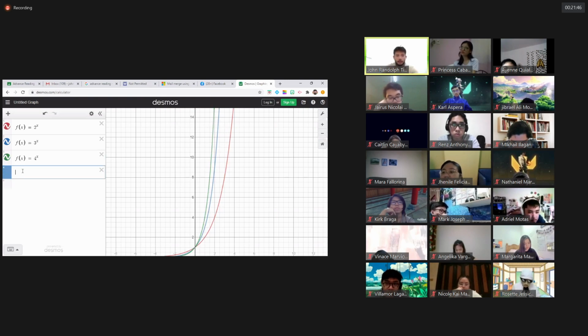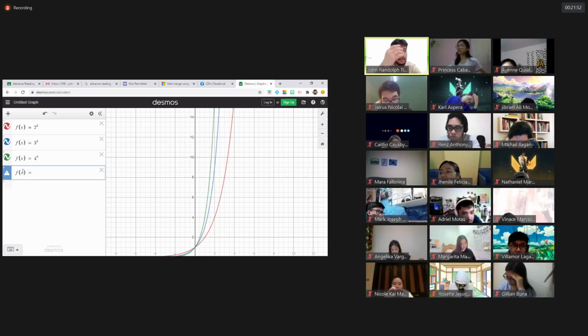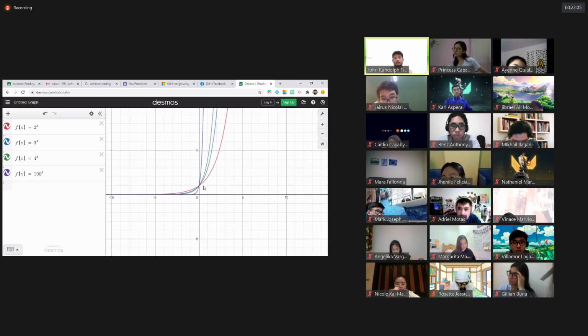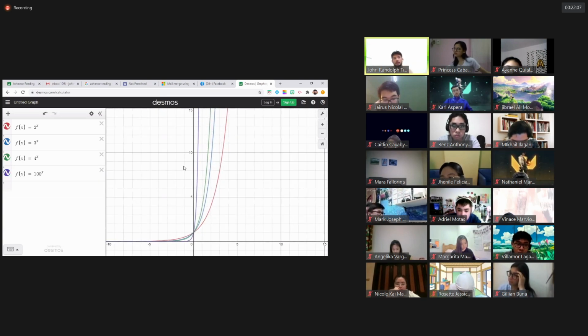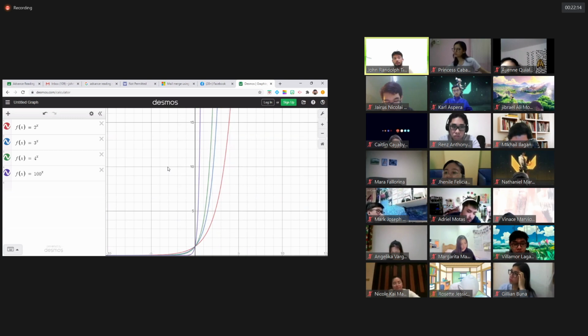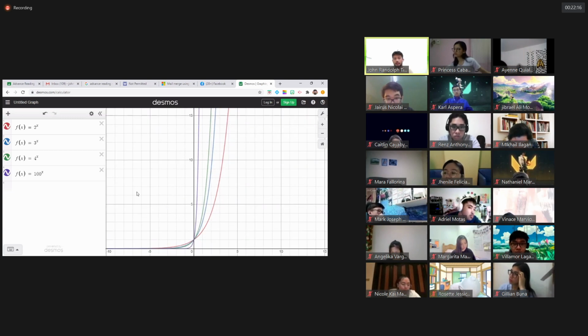Let's make the base large enough, let's say 100 to the power of x. Still, it passes through the point (0, 1), but the graph goes closer and closer to your positive y-axis.